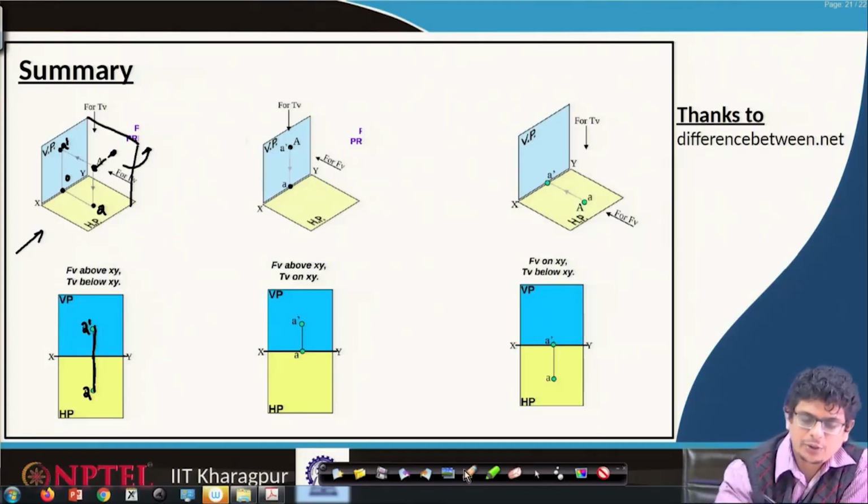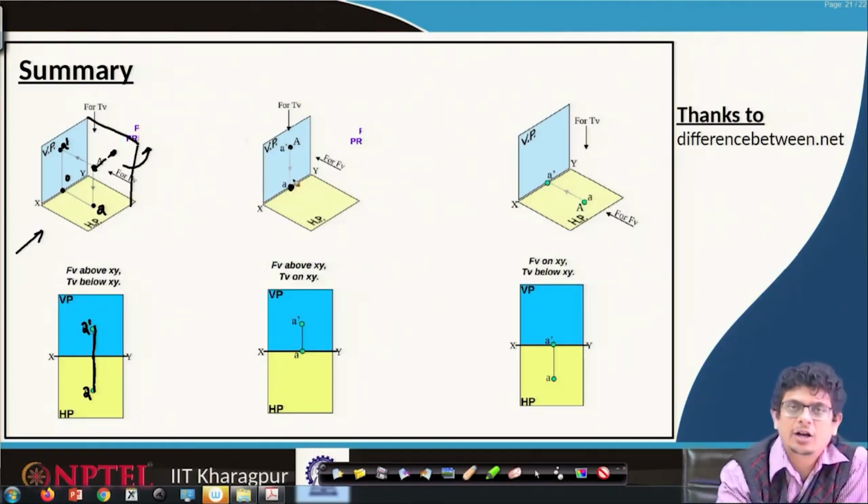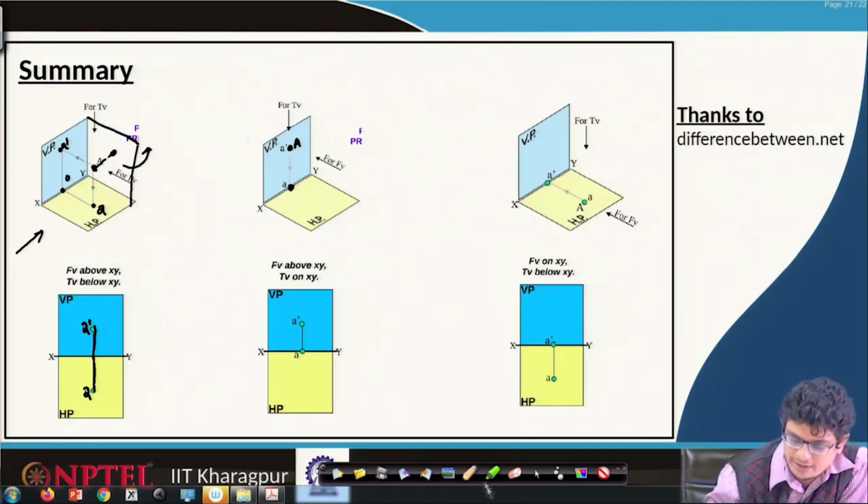Similarly, if we are looking at a point precisely on the vertical plane, above the horizontal plane, that means this point, then its projection gives us A dash on the vertical plane, and on the horizontal plane at the 0 location.